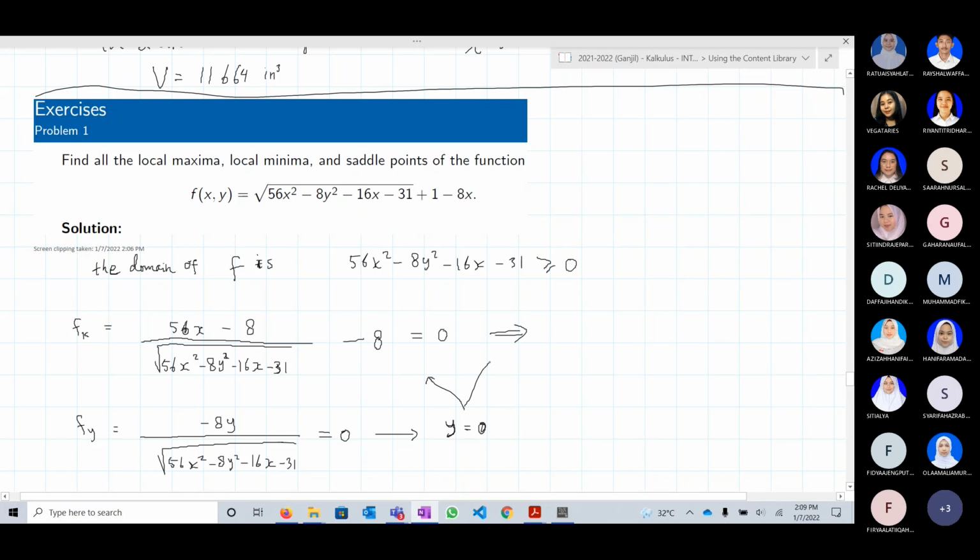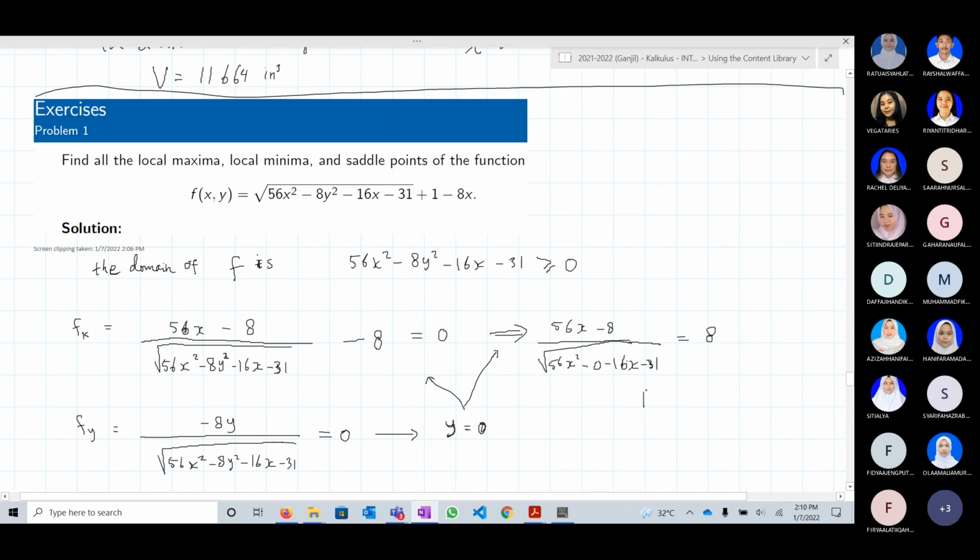We have now 56x minus 8 divided by square root of 56x squared minus 8y squared, y is 0, so minus 0, minus 16x minus 31 is equal to 0.